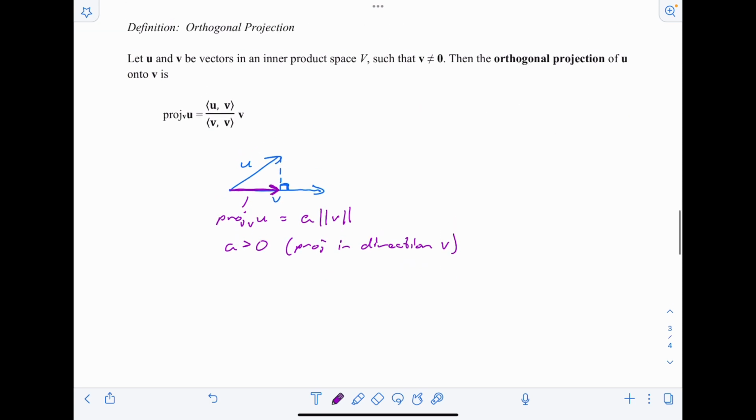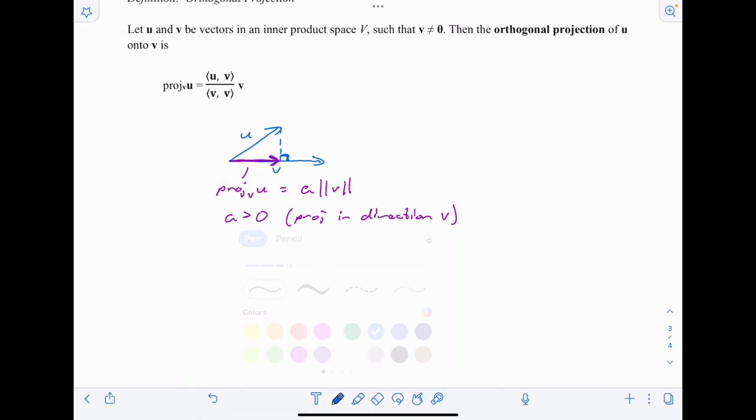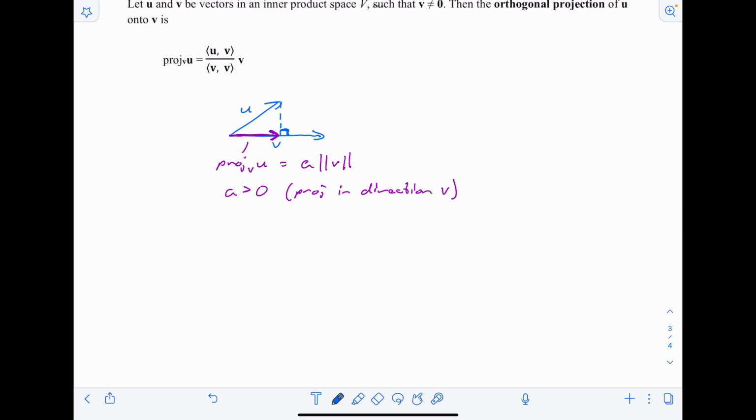Now, the other situation that could happen is if I have something like this. I'm going to draw V in the same orientation, but maybe U is coming back like this. So in this case, when I project U onto V, again, U has to be projected onto V in a perpendicular direction to V. So I have to extend V backward, and this is actually the projection here.